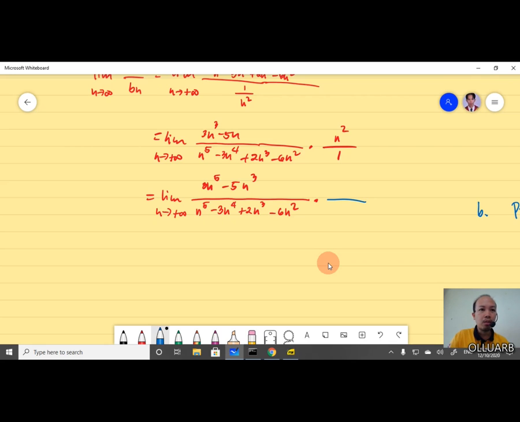Just recall your calculus 1 about limits at infinity or infinite limits. I forgot the title. So we have 1 over n to the 5. You can multiply 1 over n to the 5.